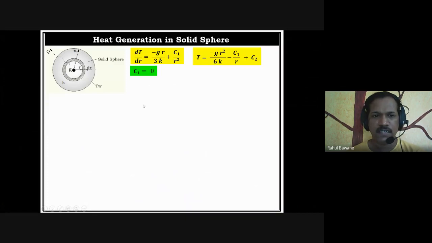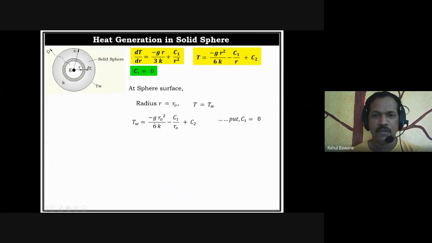The first condition, at the center, we applied and found the value of C1. Now the second condition, that is at the surface. At the surface, when the radius becomes RO, the outer radius, the temperature will be T wall. So we will use the temperature distribution equation, applying this condition to it. So T becomes T wall when r becomes RO.